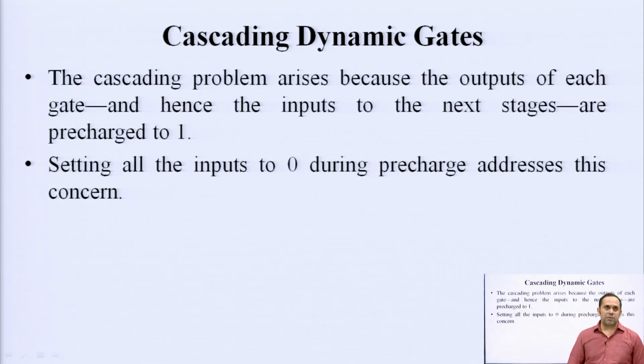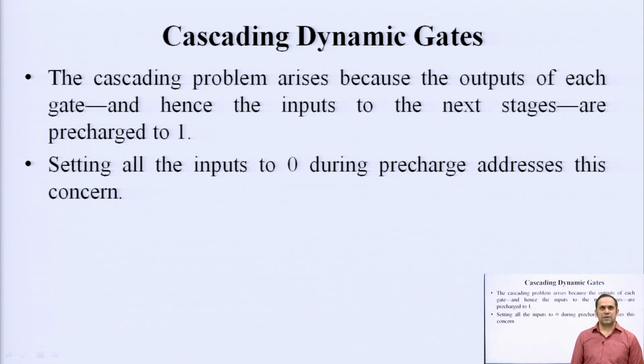So, the cascading problem arises because the outputs of each gate have been charged to 1. We know when the clock goes low, the PMOS transistor turns on, and that charges the output load capacitor to VDD. Okay. So, all the stages, even if you have n number of stages, every stage will be pre-charged to high logic, logic 1, when the pre-charge cycle comes.